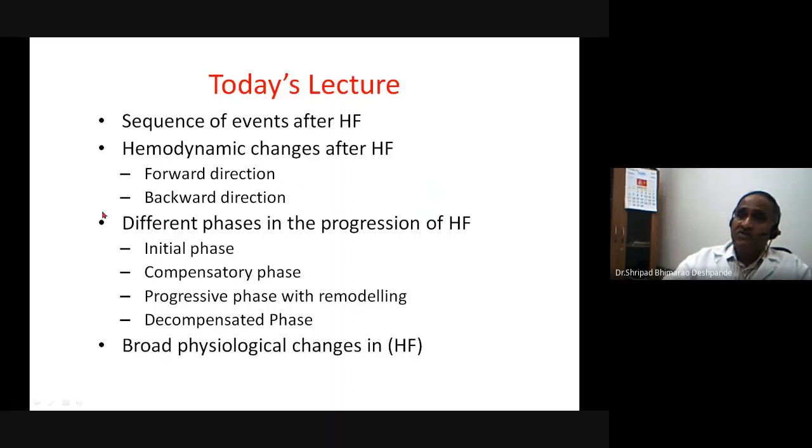And I will try to provide different phases in the progression of the heart failure, how the heart failure progresses in a given situation, mostly thinking that it is not well treated. Then I will provide the various global physiological changes happening in heart failure.